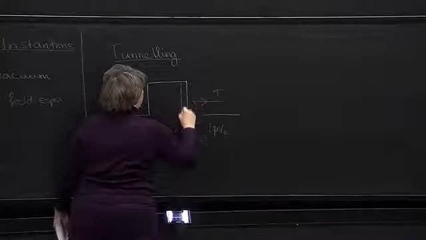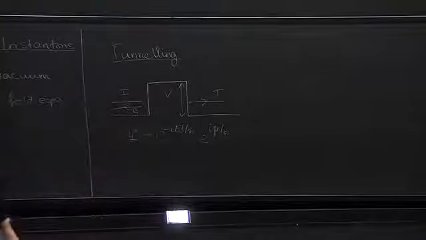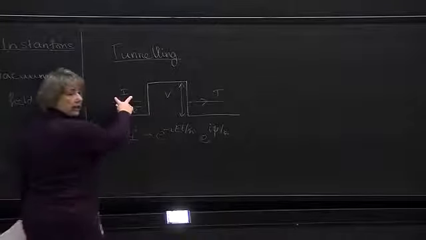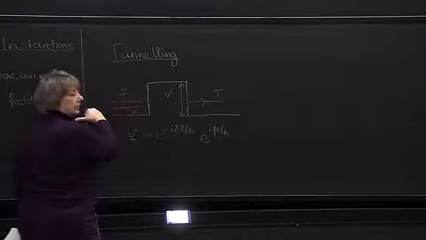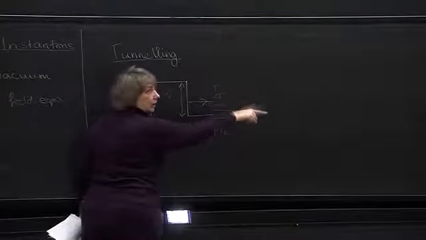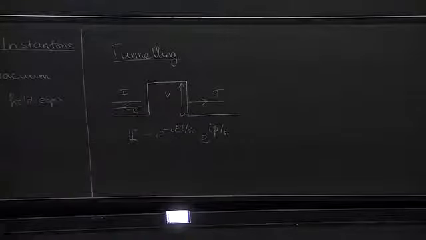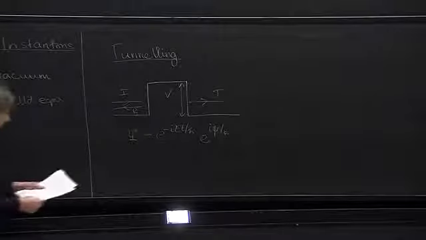So this is a height V, to decide how to match together the various solutions. So we have oscillatory solutions out here going to the right and to the left, oscillatory out here going to the right, and underneath the barrier we have two exponential solutions to the Schrödinger equation.